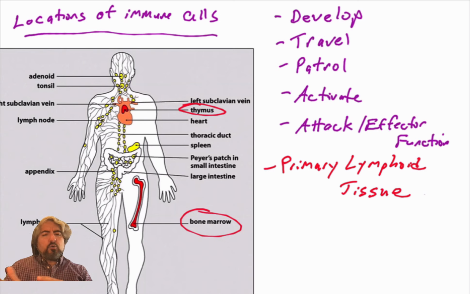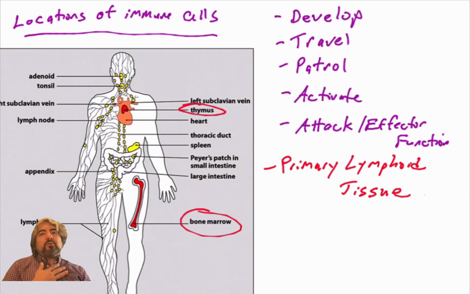Now, wait, do we find bone marrow in the thymus? No. But what we're going to see is that some cells leave the bone marrow, go to the thymus, and continue developing. So primary lymphoid tissue refers to the tissue where immune cells develop.